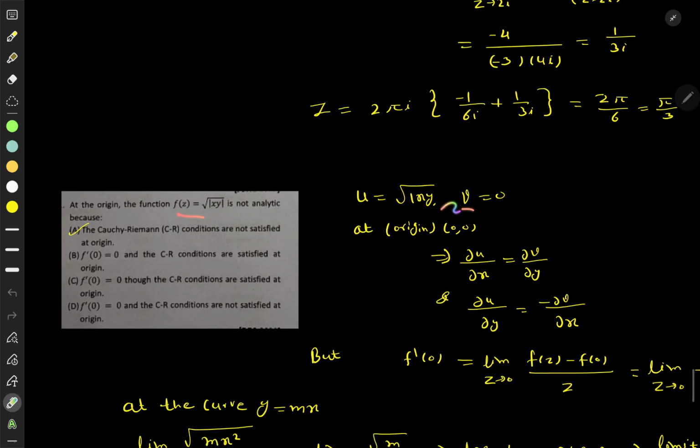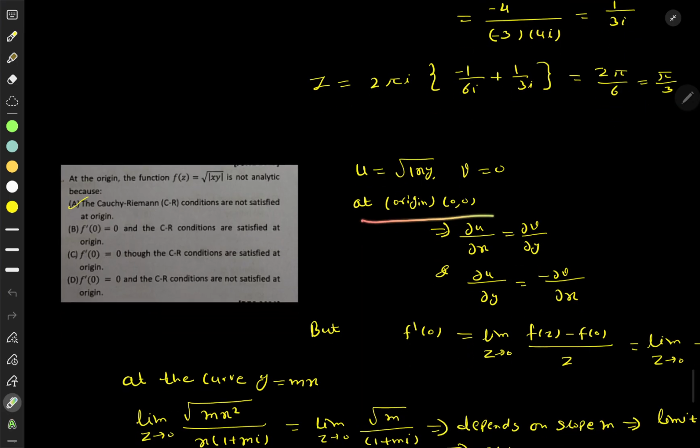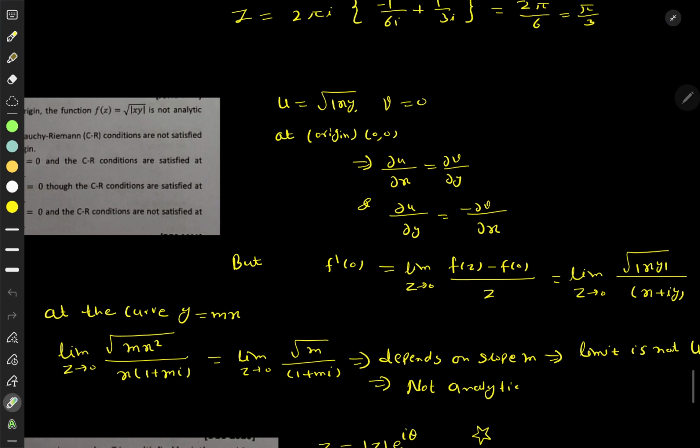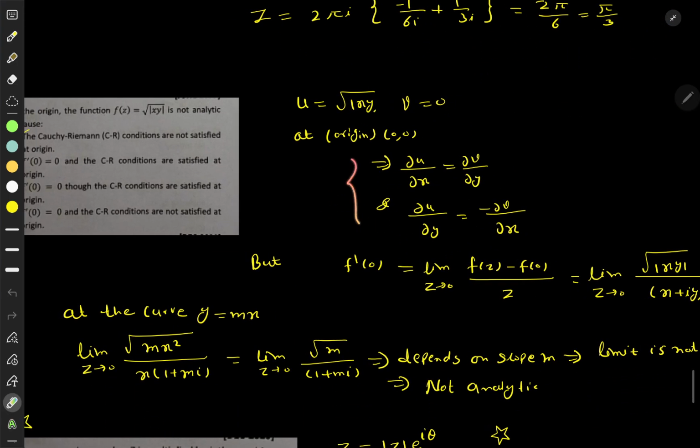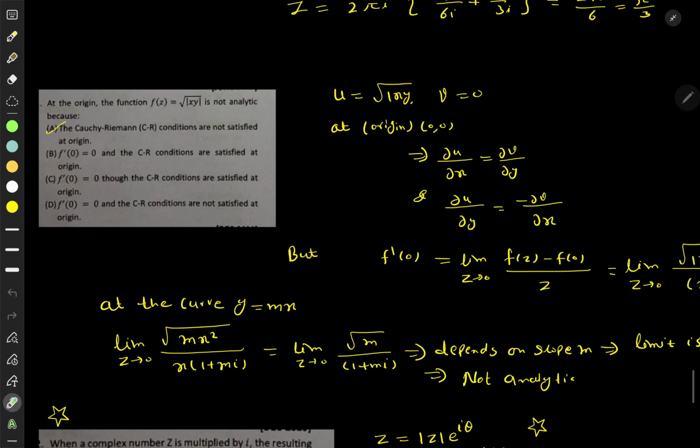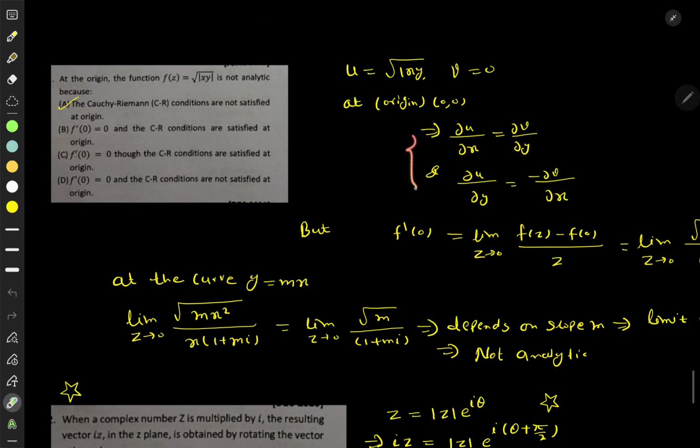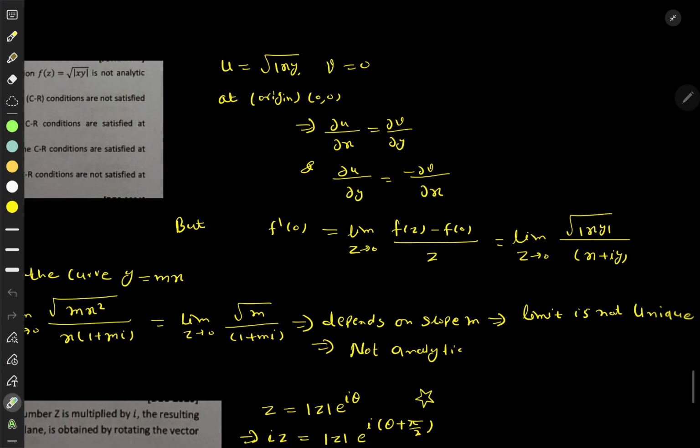Now we have a function where u is here and v is 0, u plus iota v, so there is no term in the imaginary part, so it will be 0. So it is satisfying the Cauchy-Riemann equations. But does it have a defined limit? In order to calculate the limit and its differentiability, what will we do?